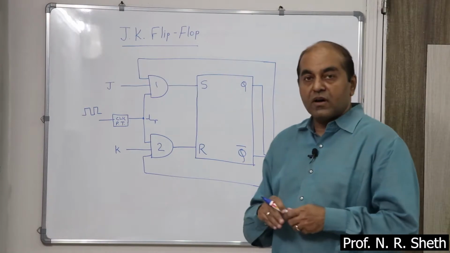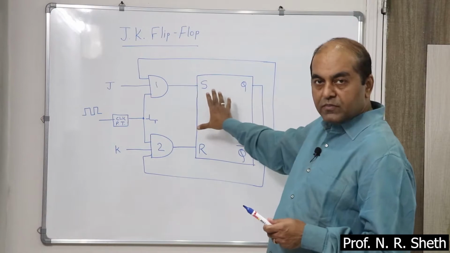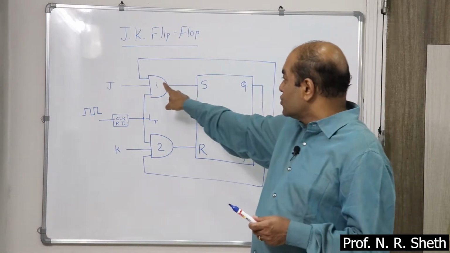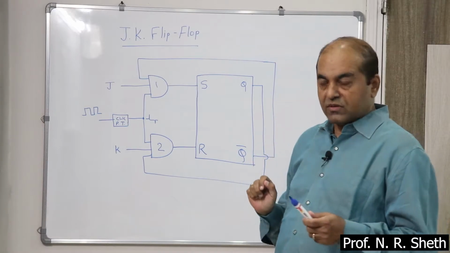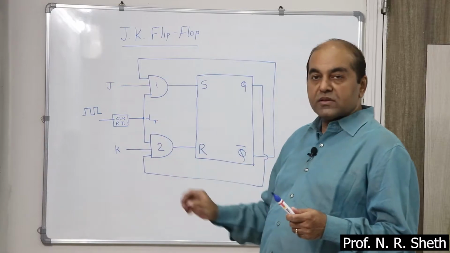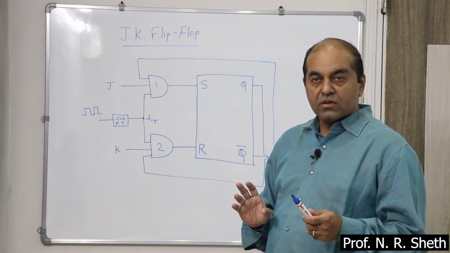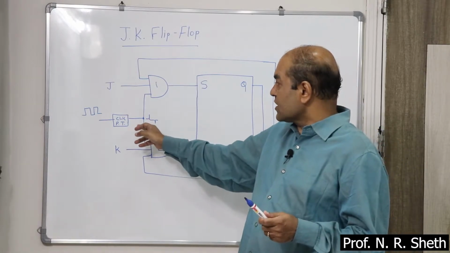Again I am going to explain the circuit. RS flip-flop, two AND gates of three inputs. The first input is the clock, an edge triggered clock, so a differentiator circuit is there.